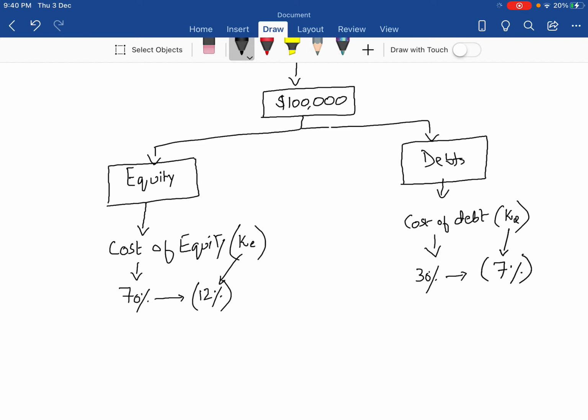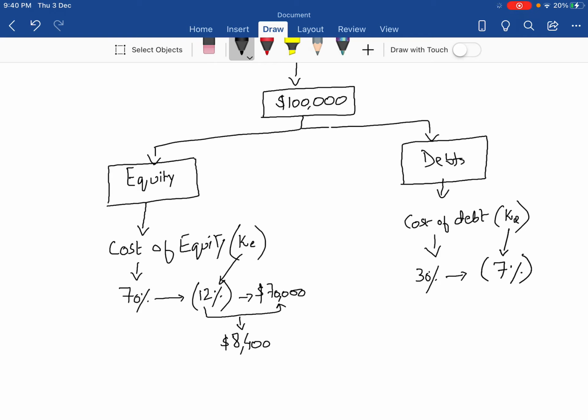So 70% of 100,000 means $70,000, and if we are paying 12% to those from whom we have got $70,000, then it means we will be paying them $8,400 in total.